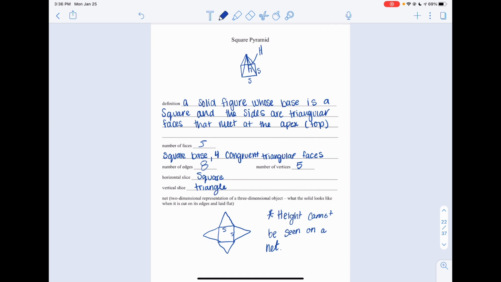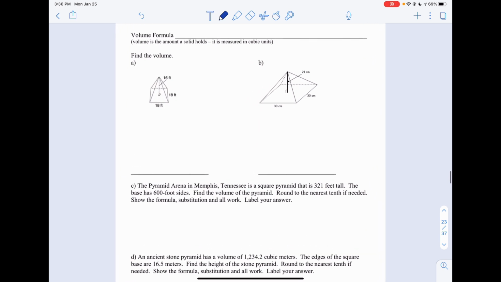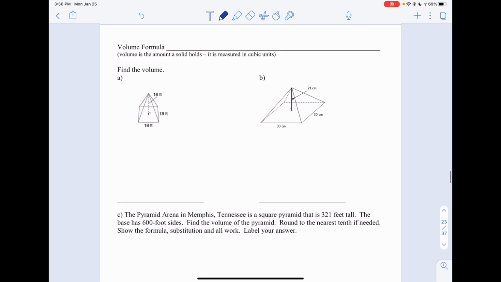Okay, now moving on into volume. So like I've mentioned before, the pyramid really depends on what type of base we have, okay? So this is also going to be the same thing on our formula, okay? We have our formula for any type of pyramid is 1/3 times the base, which is the area of the base, times the height, okay?